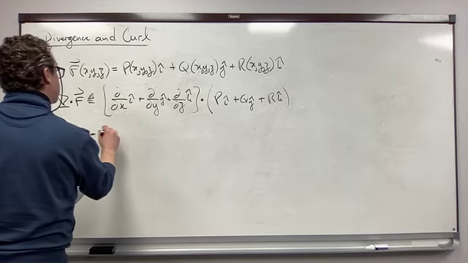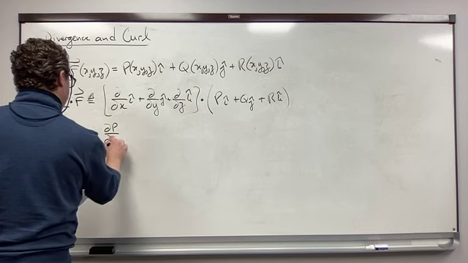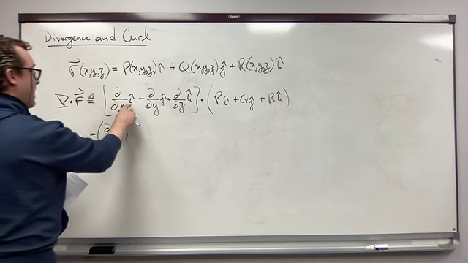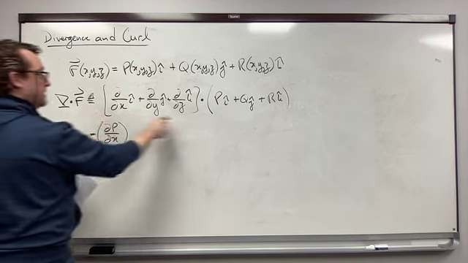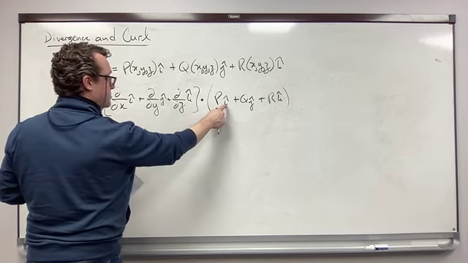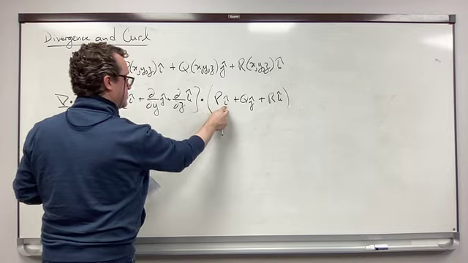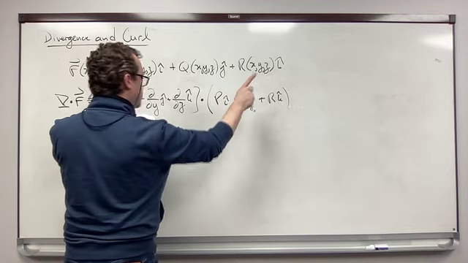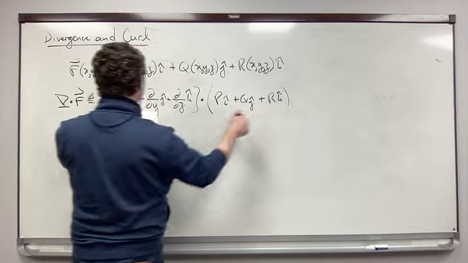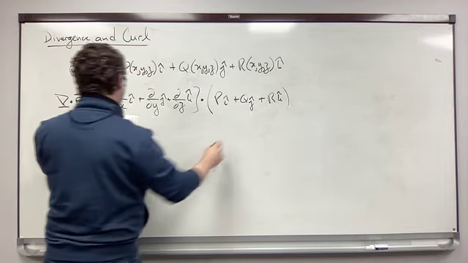So this becomes di p by di x. But now the i vector component that was in the del operator dies against the i vector component that's in the vector function f and saves, so i dot i turns to 1, they save p. But i dot j is 0 and i dot k is 0. So the partial of q with respect to x dies. The partial of r with respect to x dies.